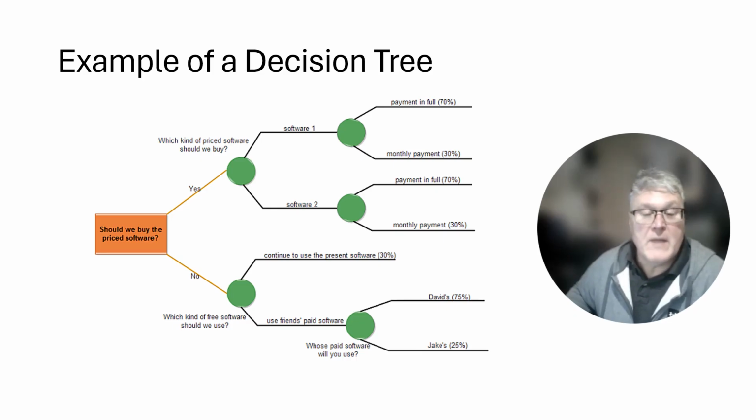No, if we don't buy the software, which kind of free software should we use? Do you continue to use a present free software? The probability of that is 30%. Or do you use a friend's paid software? And whose are you going to use? Do we use David's or do we use Jake's? And the probability we would use David's is about 75%.